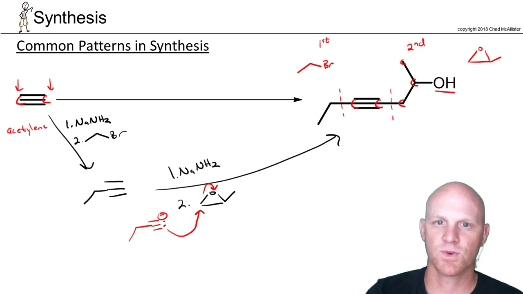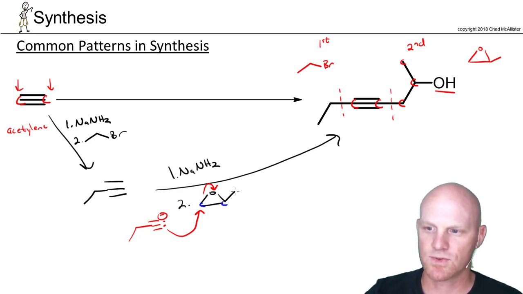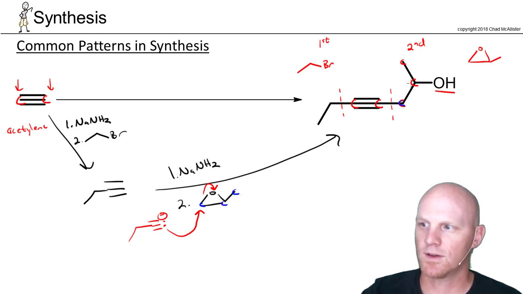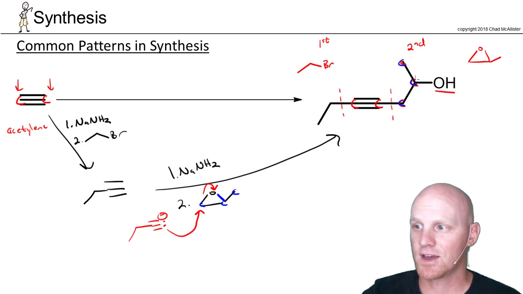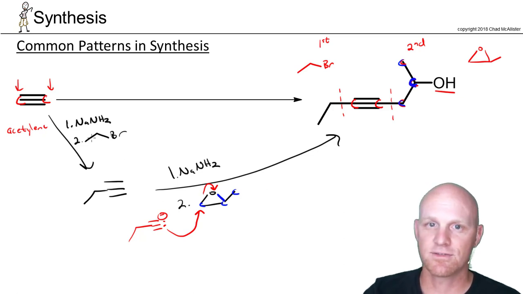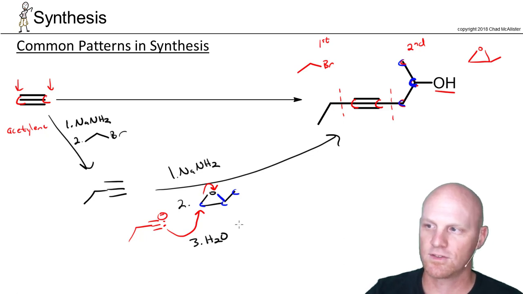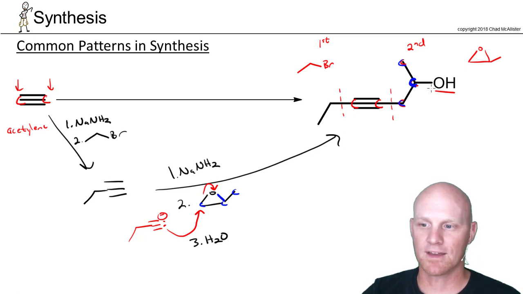So in this case, we'd have 1, 2, 3 carbons, and it's the second one in that's still going to be bonded to the oxygen. Then finally we'd finish that up by adding water simply to protonate the alcohol as it forms. It would be an alkoxide, then we'll protonate it, making the alcohol.